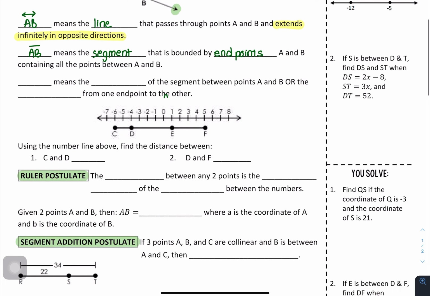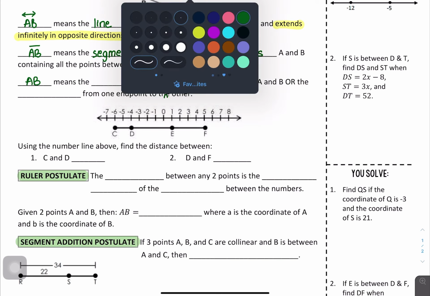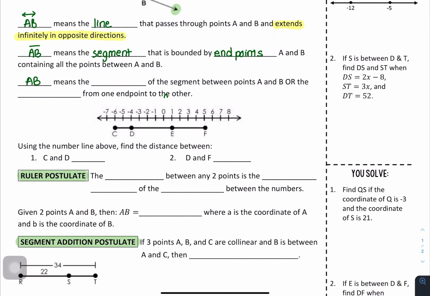Now, what if you see they write it like this, just AB, no arrows, no bar, okay? AB with no symbol above. What does that represent?